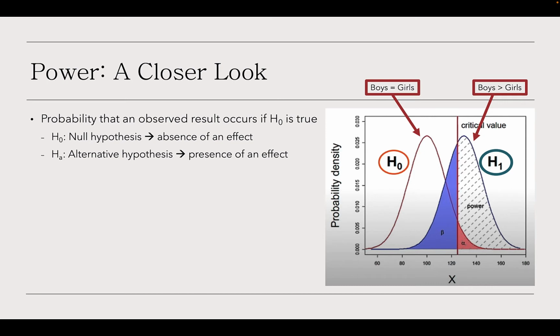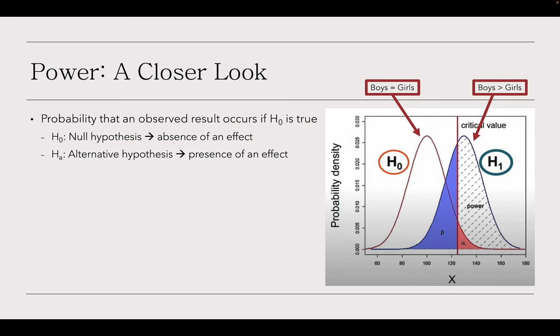And so the null hypothesis would assume that the average math achievement score for boys and girls is the same, is equal, and the alternative would look at maybe that the boys' mean achievement score is greater than the girls' mean achievement score in math, and so there we see that the purple alternative hypothesis distribution shifted to the right, signifying that the boys' distribution is higher than the girls' distribution.